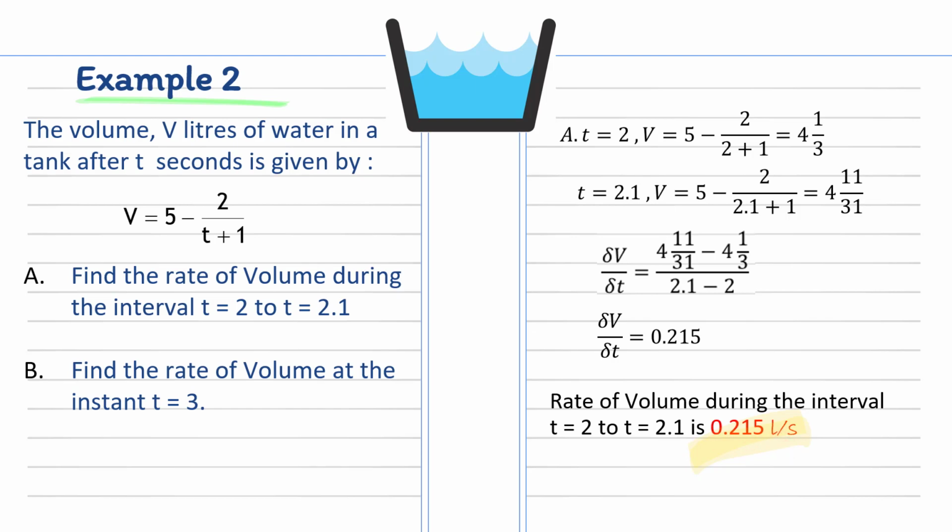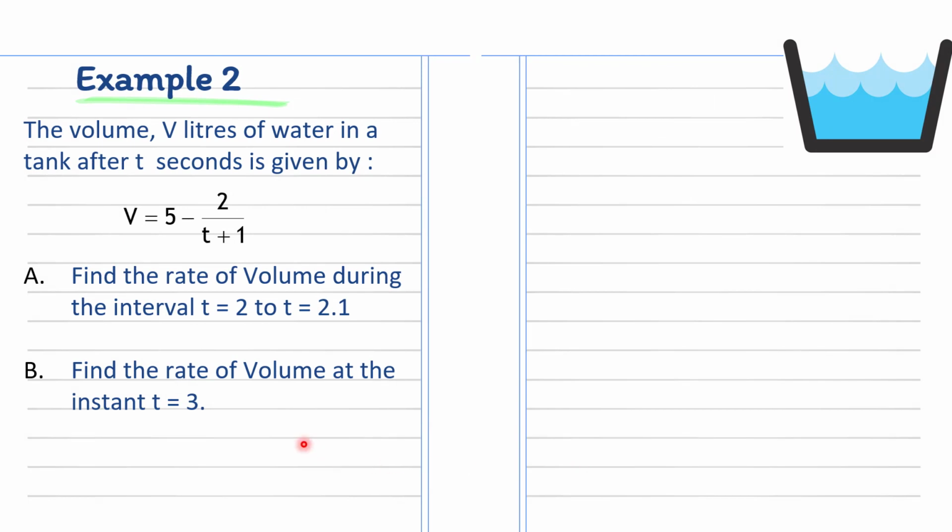So if we compare with the B part, in here, what we have is the rate of volume at the instant t equals 3. So we recall our dv/dt, which is actually the changes of v compared to the changes of time when time is very small. So we use dv/dt and differentiate v with respect to time.